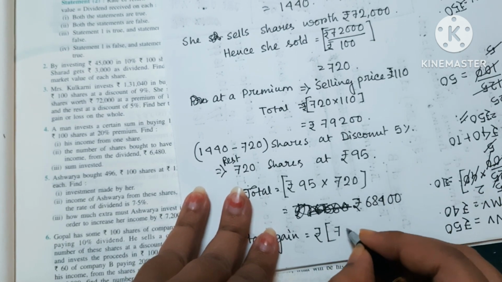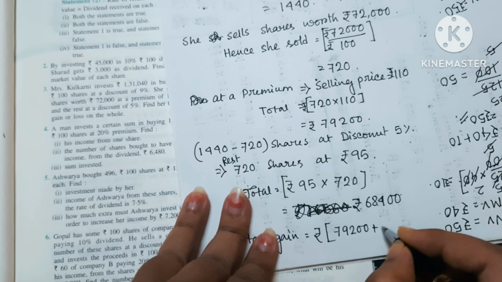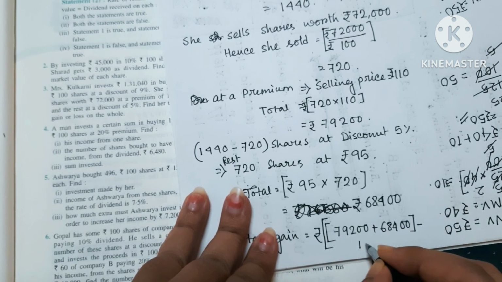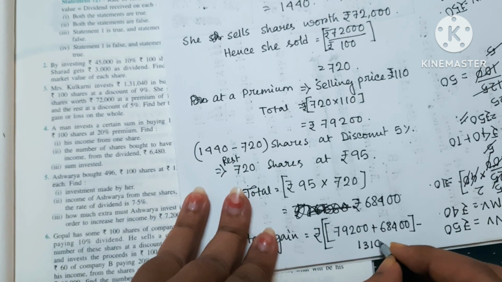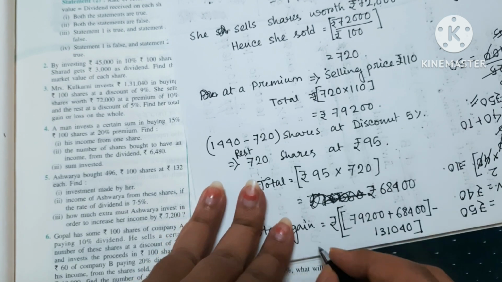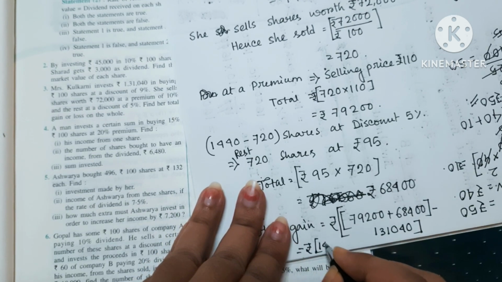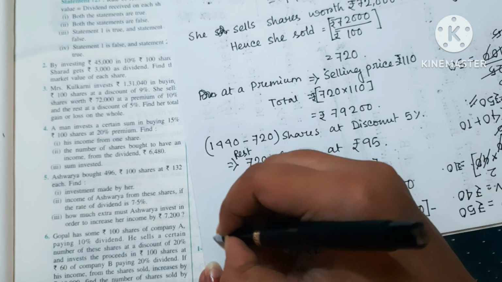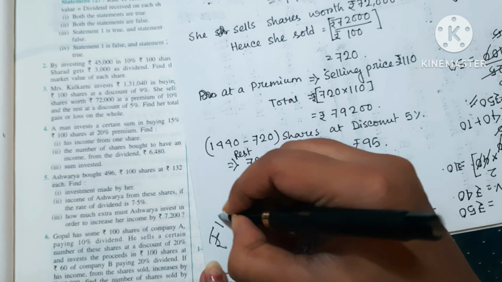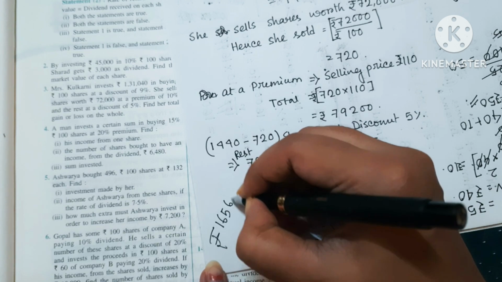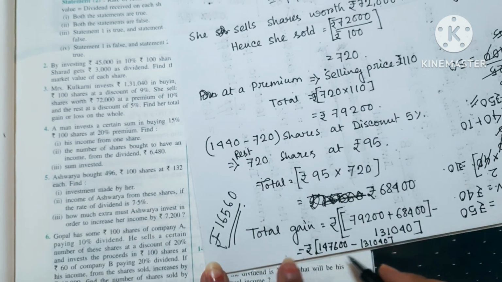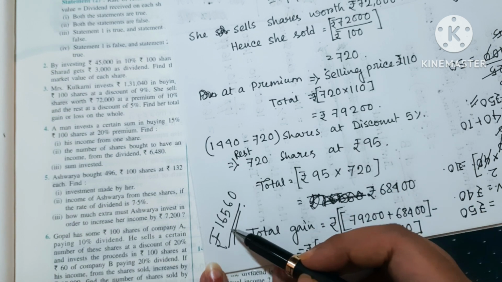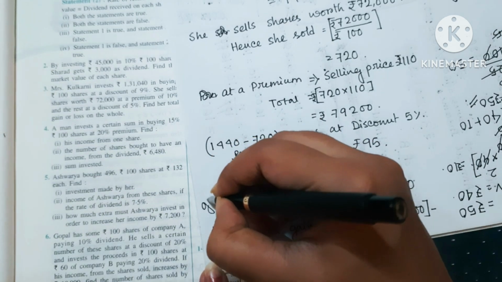So 79200 plus 68400 minus 131040, and the amount will be 147600. So the answer will be rupees 16560. After subtracting, you will get this one. Okay, this is the total gain.